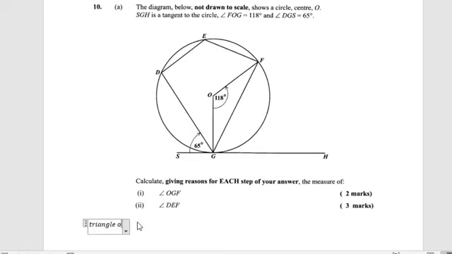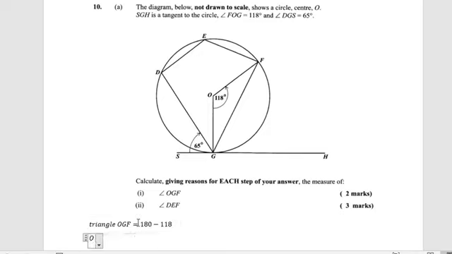So we say it is an isosceles triangle, and remember the sum of angles within a triangle is equal to 180 degrees, so it is 180 degrees minus 118 degrees.